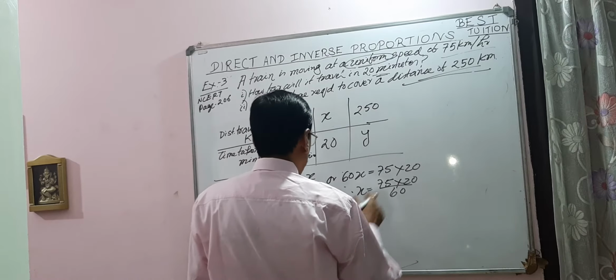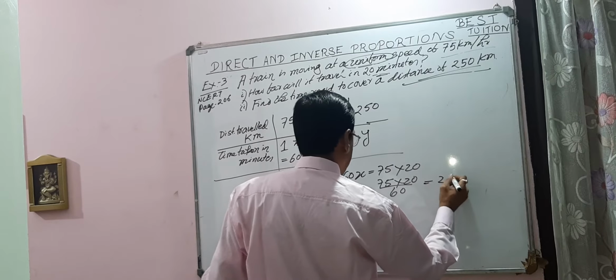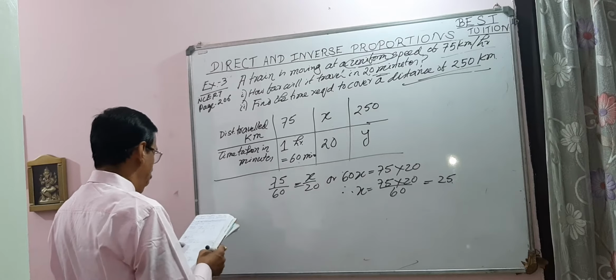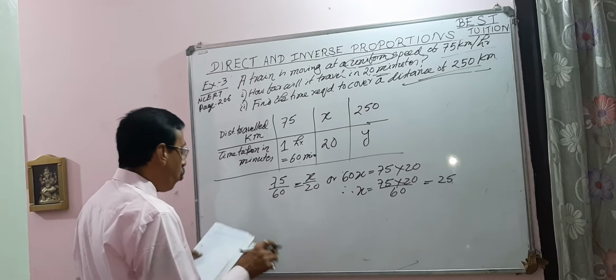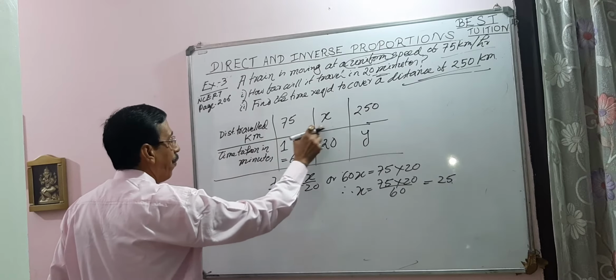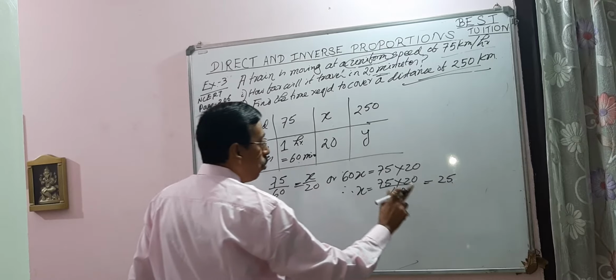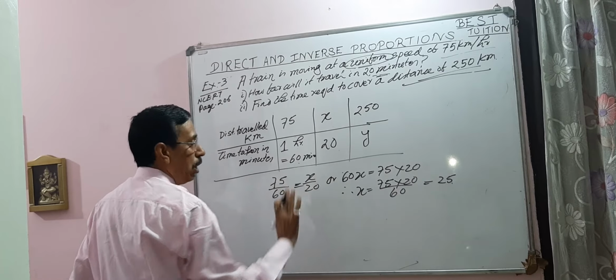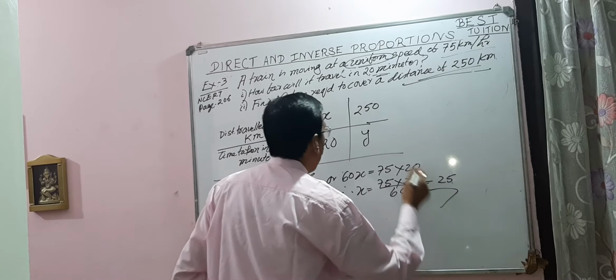So if you cross reduce it, you will get 25. So the train will move 25 kilometers, because here distance traveled is x. So the train will move 25 kilometers in 20 minutes. Clear?